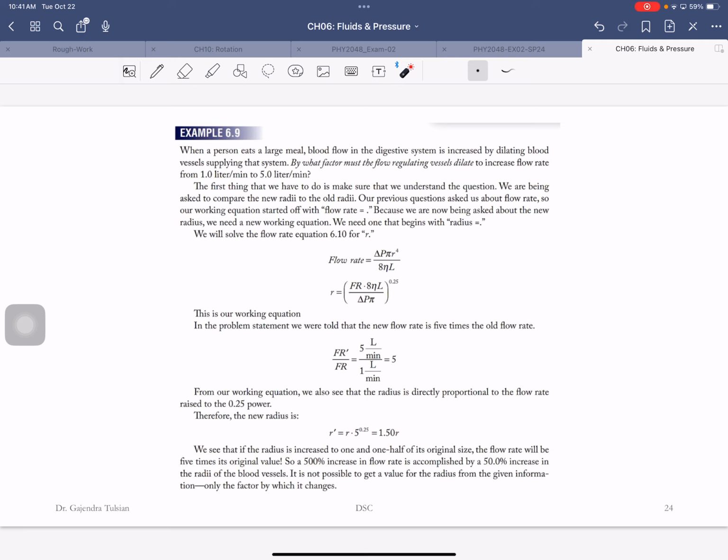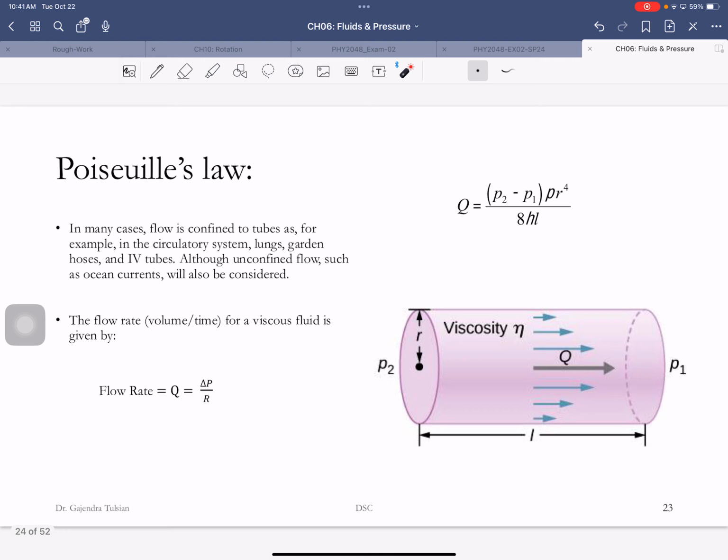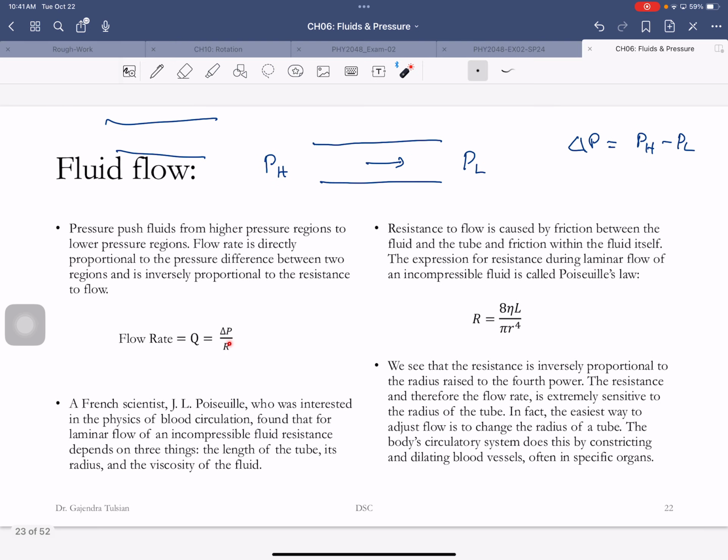Yeah. So you want to decrease the resistance by a factor of 5. And the easiest way to do that is to increase the radius of the blood vessel, dilate the blood vessel, and decrease the resistance.